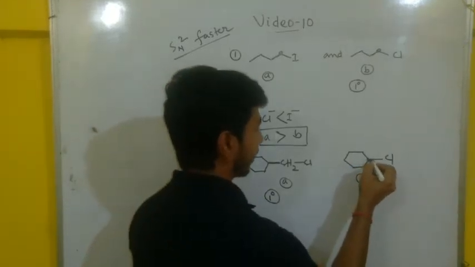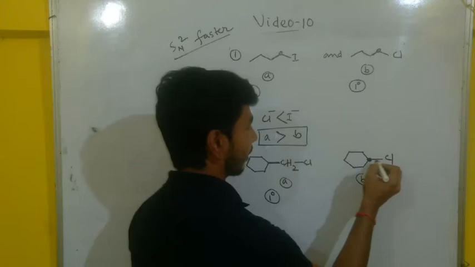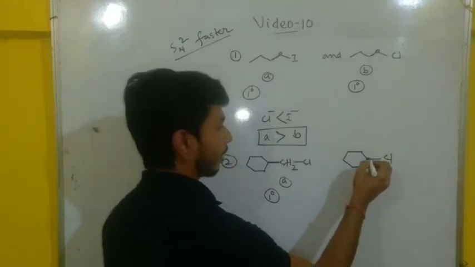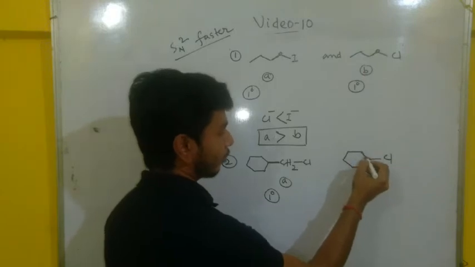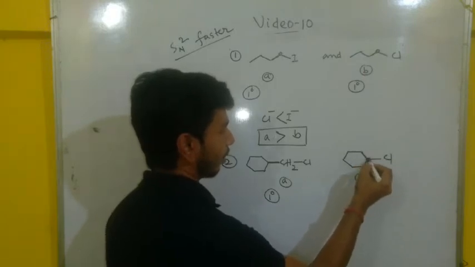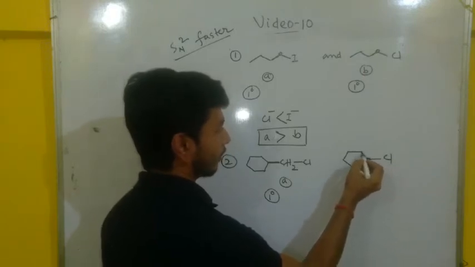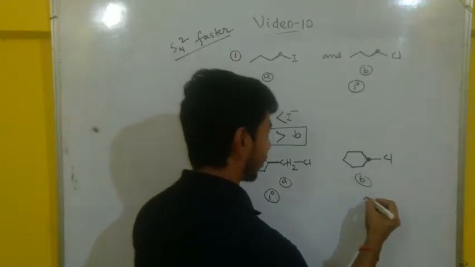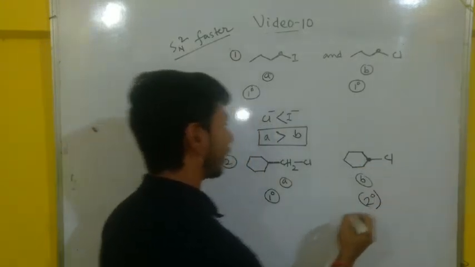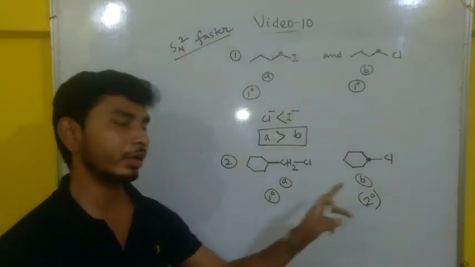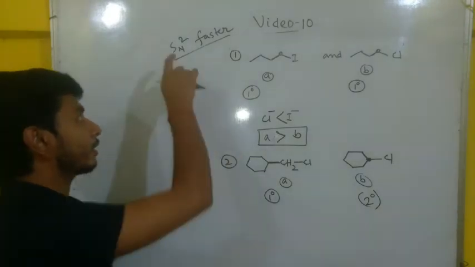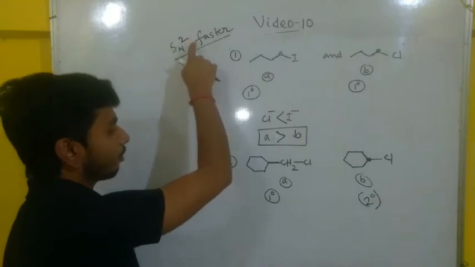Now here this carbon is bonded with a halogen, that is, this is the carbon containing halogen. It has two carbon-carbon bonds, so it is a 2 degree alkyl halide. One is 1 degree, the other is 2 degree. Now we are discussing the SN2 reaction.